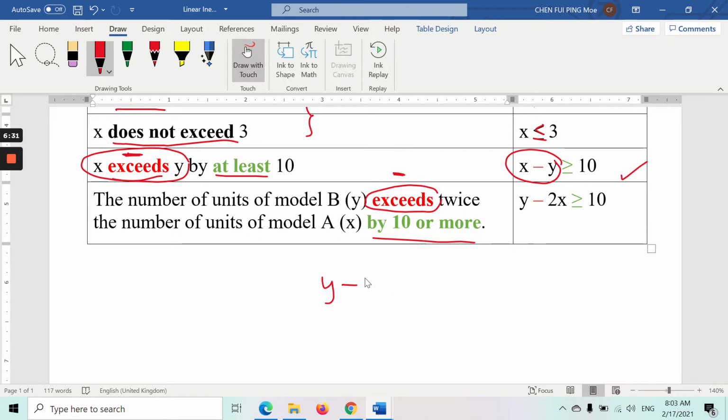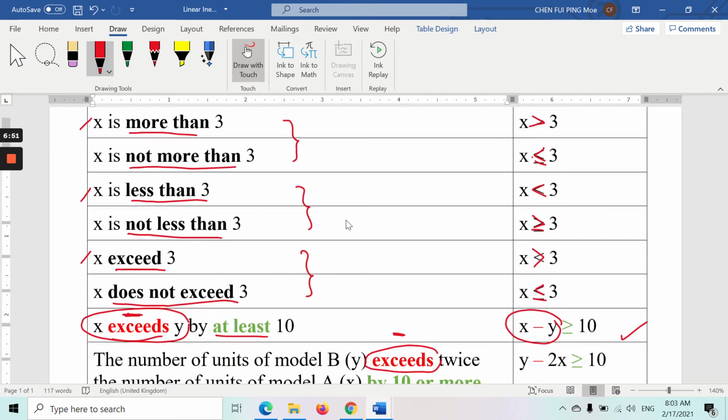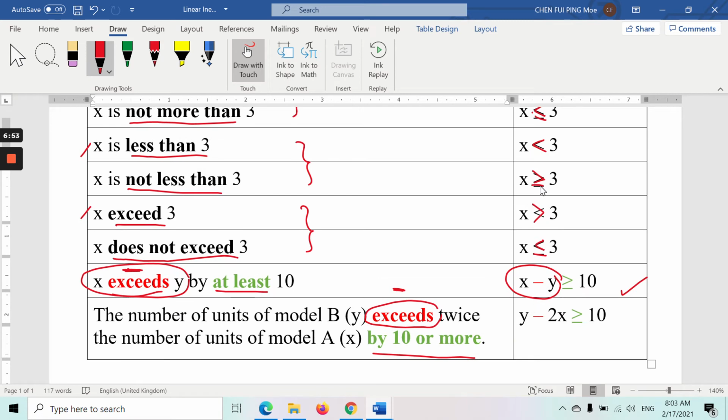Twice means 2 times, dua kali ganda, the number of model A, X. So Y minus 2X. By 10 or more means melebihi 10 dan sama dengan 10. So greater equal 10.